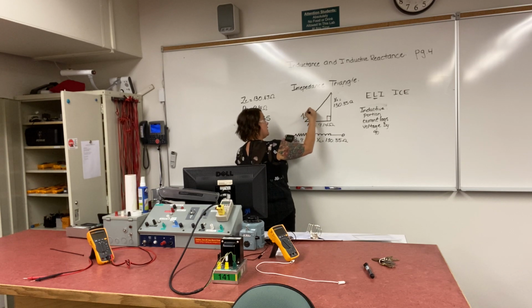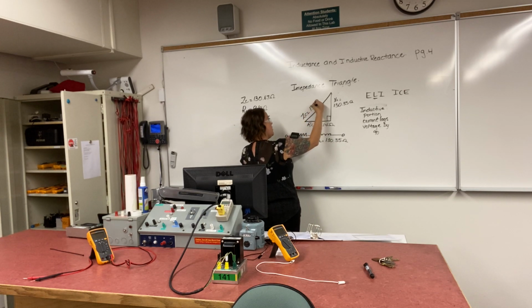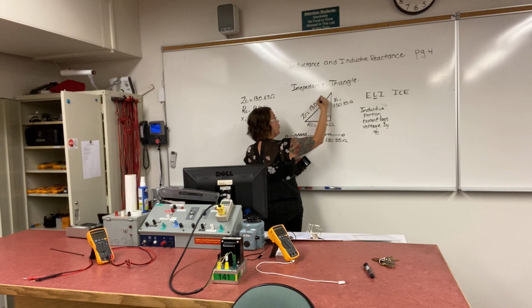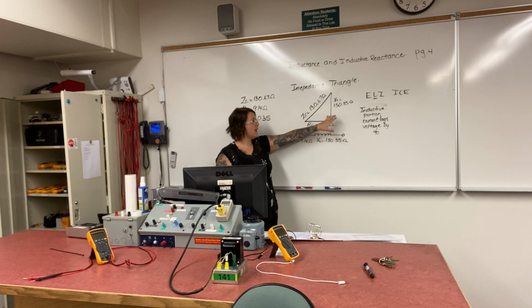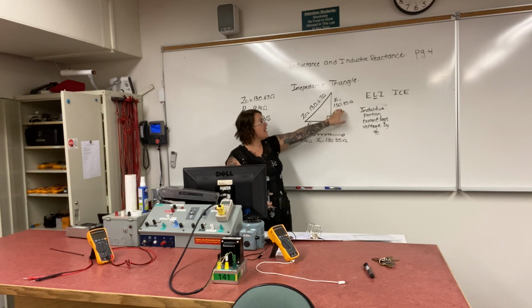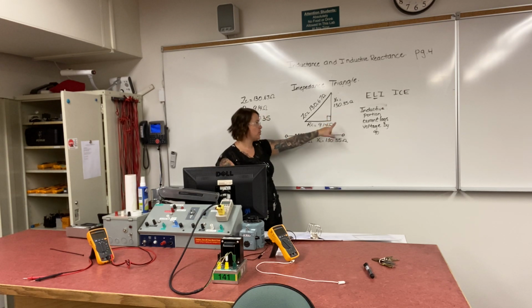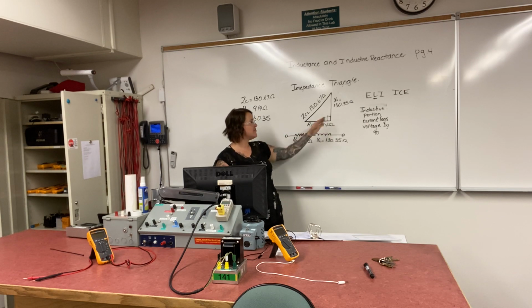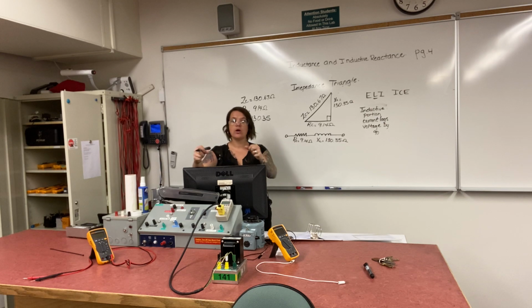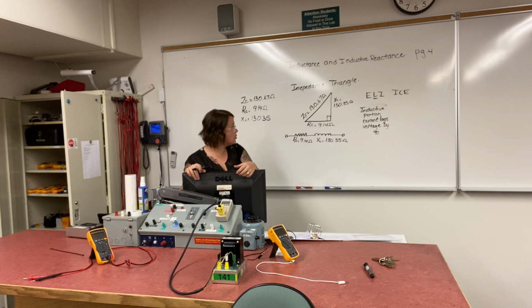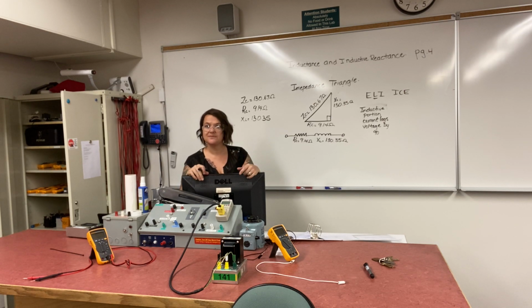Impedance of the coil equals 130.67 ohms. The impedance value is the vectorial sum of my in-phase and my inductive portion of my 90 degrees out of phase portion. So I'm adding these two sides vectorially to give me my overall impedance, and my overall impedance is my total opposition to current flow in this inductive resistive AC circuit. Simple, right?